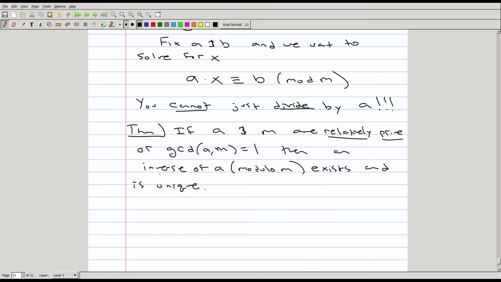We typically denote the inverse of A mod M as either A with a line over it or just A with a -1 in the exponent. But the -1 in the exponent should not be confused for any division at all, because it's not.